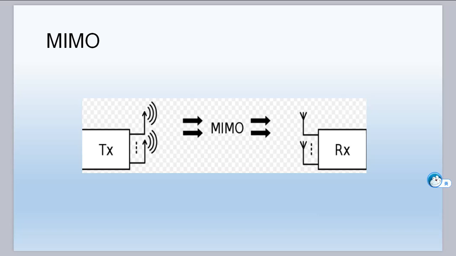So the maximum diversity gain is n because of n receivers. And if I use m transmitting antennas and n receiving antennas, the diversity will become m multiplied by n. So it's a very large diversity if we use a lot of antennas at the transmitting end and receiving end.